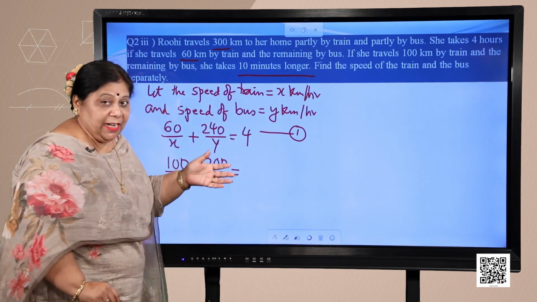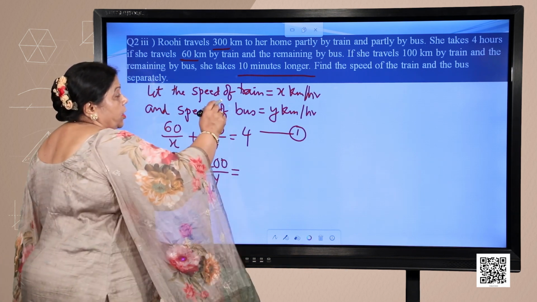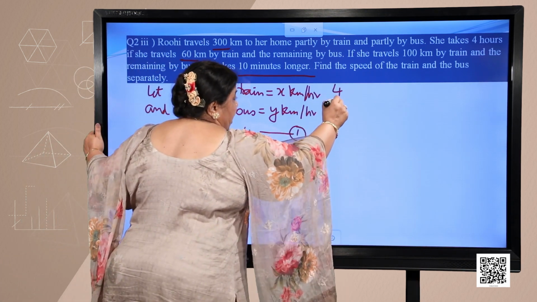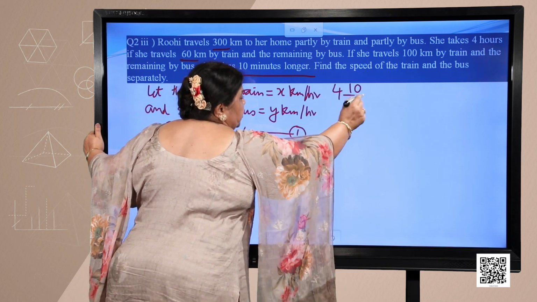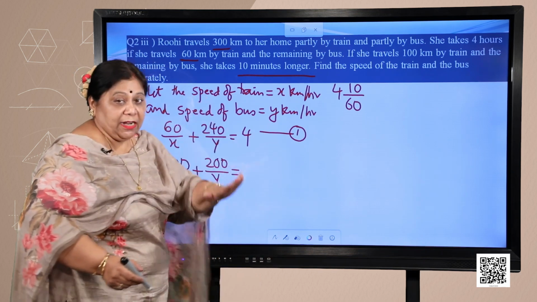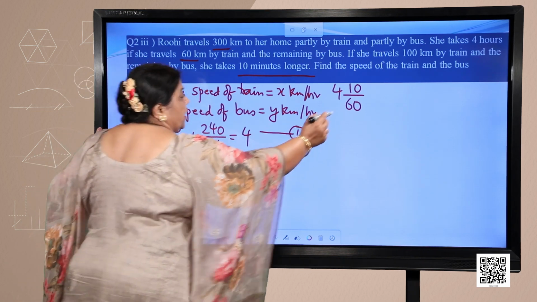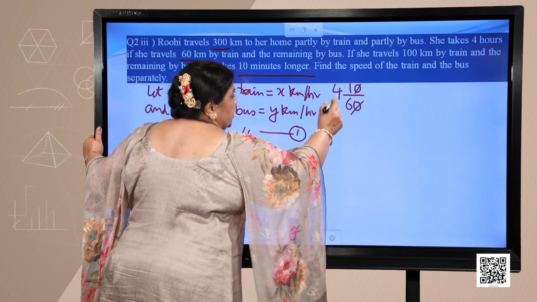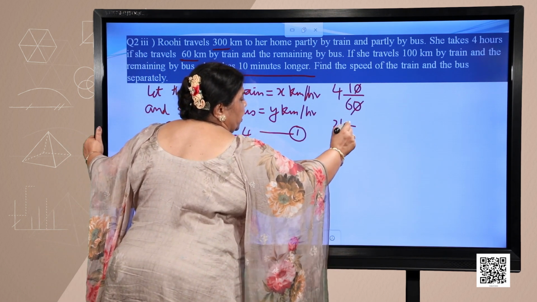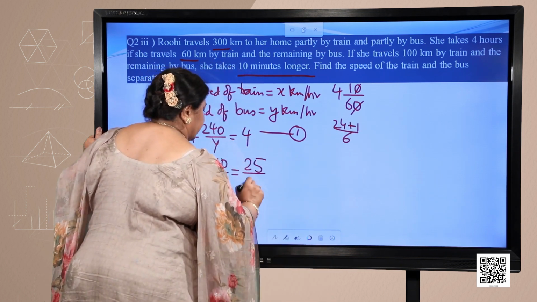Students get confused and they take only 10 here. It is to be converted into hours. Longer means she is already taking 4 hours, but 10 minutes longer means she is taking 10 minutes more than 4 hours. So, 4 plus 10 upon 60 becomes what? I can cancel this 0, 6 4s are 24, 24 plus 1 upon 6 gives me 25 upon 6.